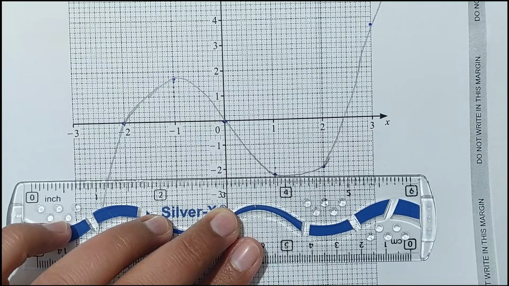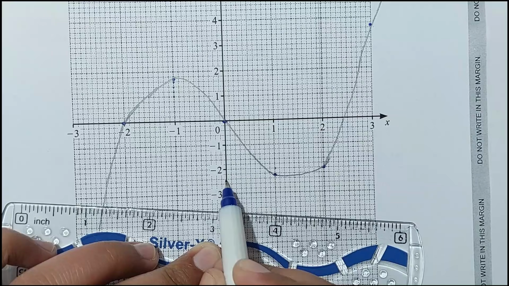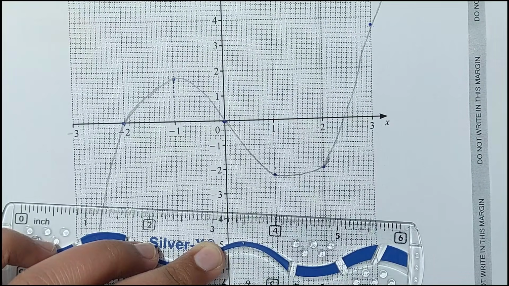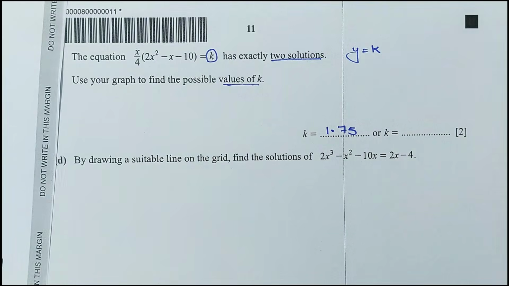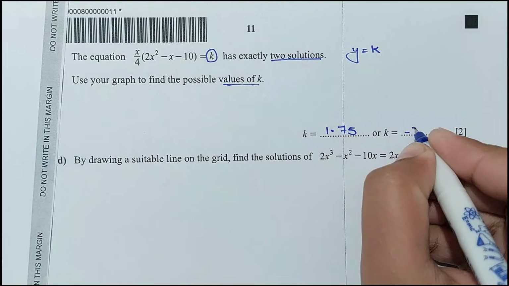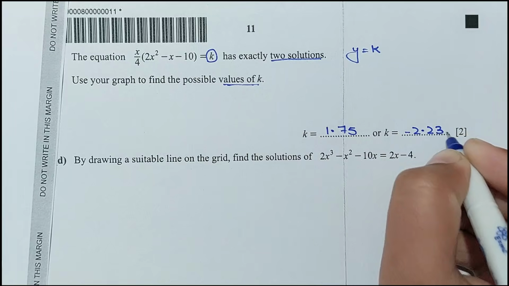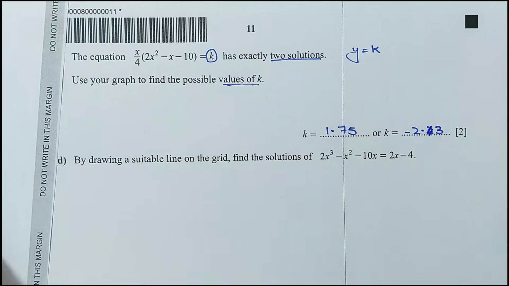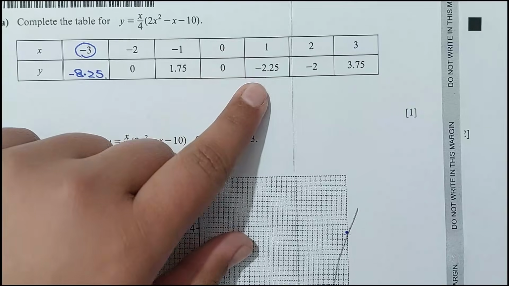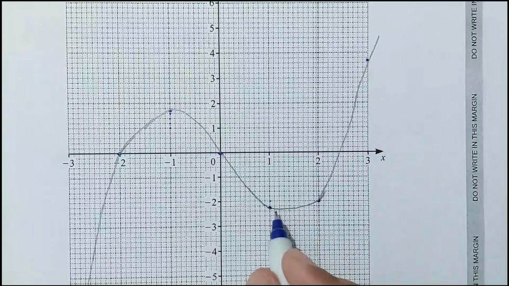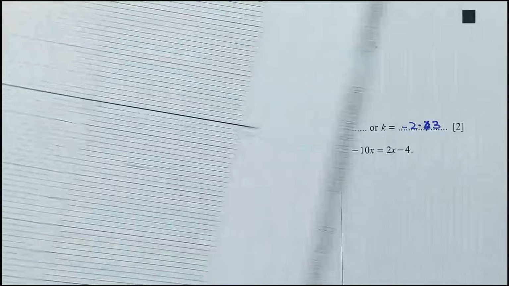We can say negative 2.3, because you can see at x equals 1, the y is negative 2.25. So at negative 2.25 and this line, negative 2.3 you can pick.